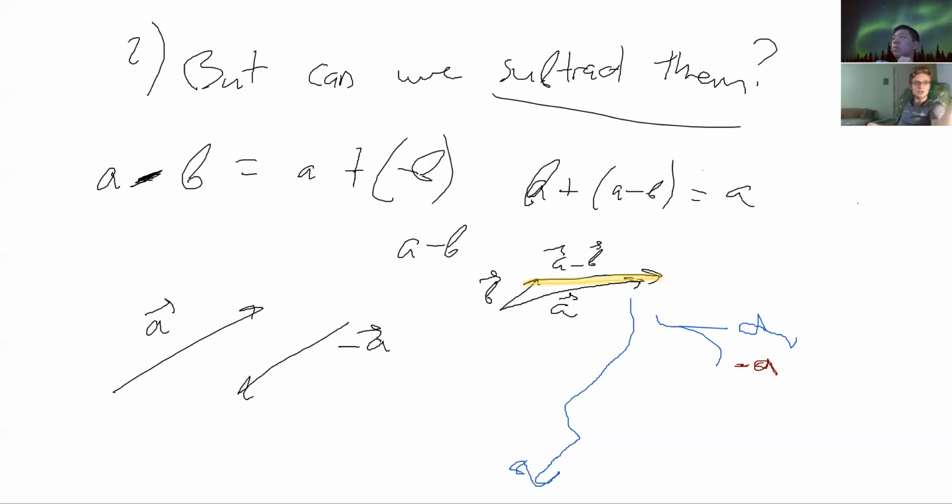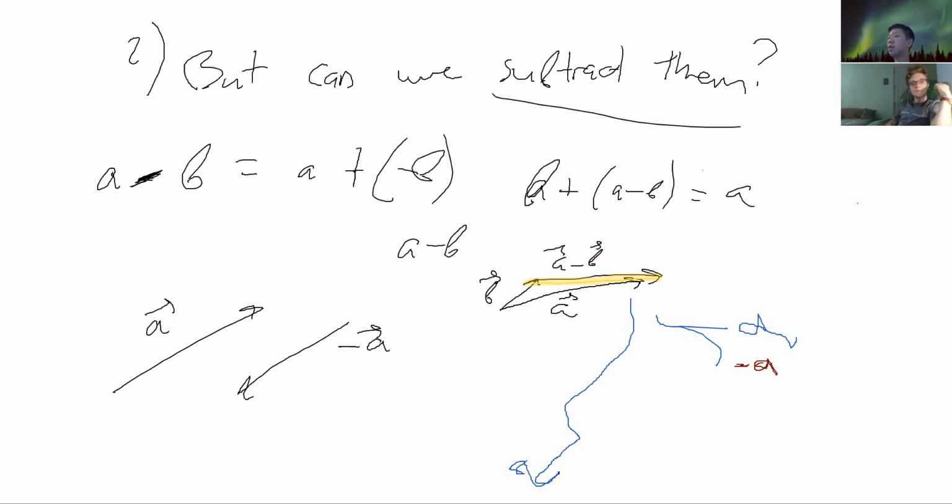If the geometric interpretation of vector addition is going from the tail of one vector to the head of another for addition, what's the geometric interpretation for subtracting one vector from another? You want to say that in words? Would you start the tail and then go the opposite direction of B?